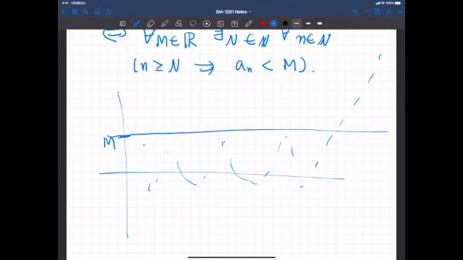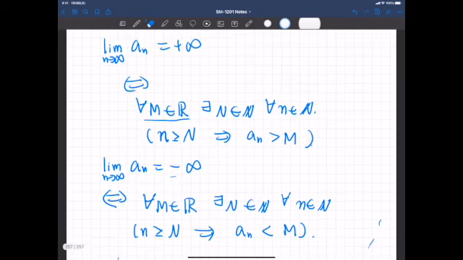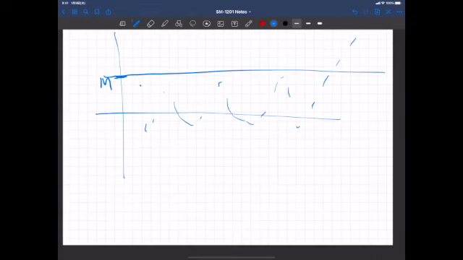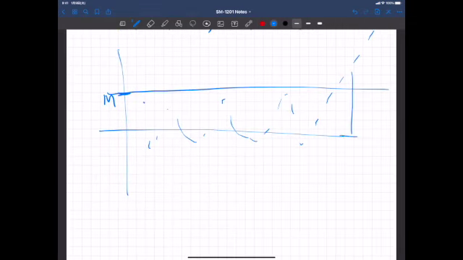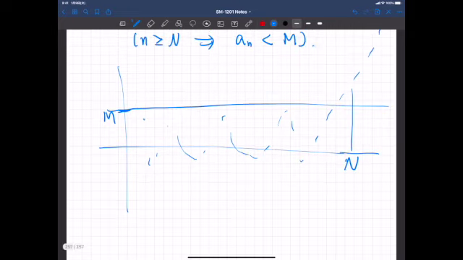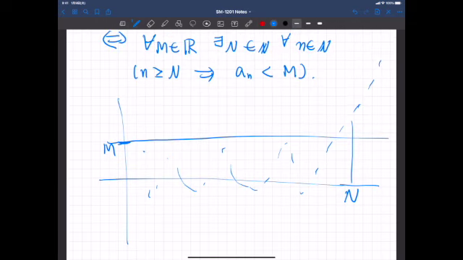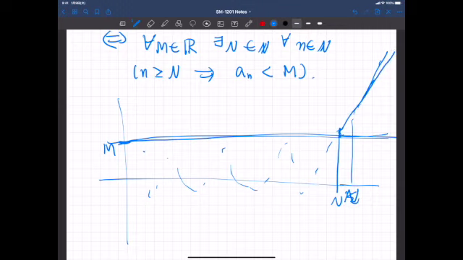If we take a large enough capital N, then after that all the values of the sequence are greater than this chosen value of m. So actually N should be somewhere here. After this point, all the values of the sequence are greater than this value.